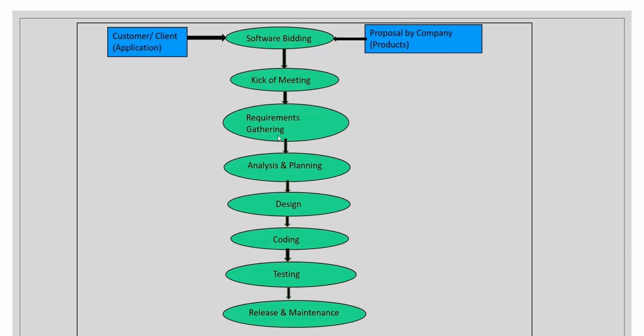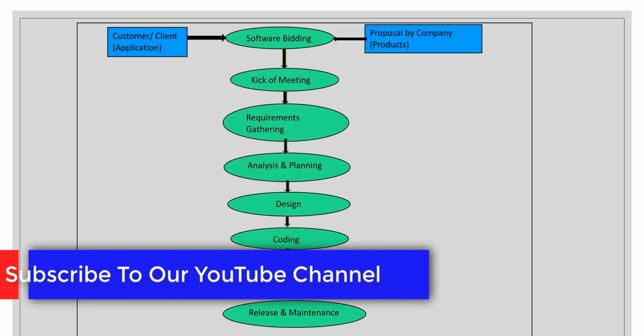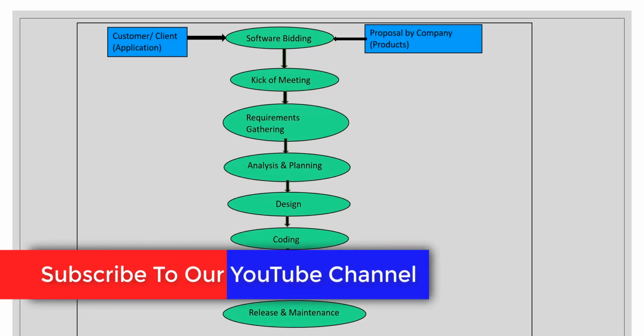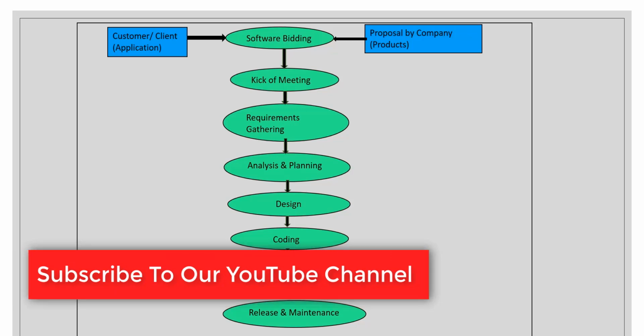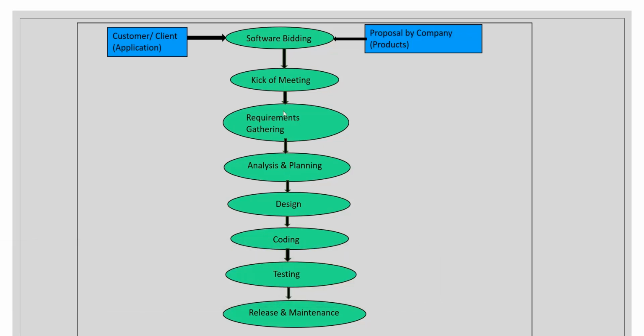Then requirements gathering. What happens in requirements gathering? Basically, during the requirement gathering phase, we are getting all the relevant information from the customer to develop a product as per their expectations. Basically, this phase is done by the business analyst.